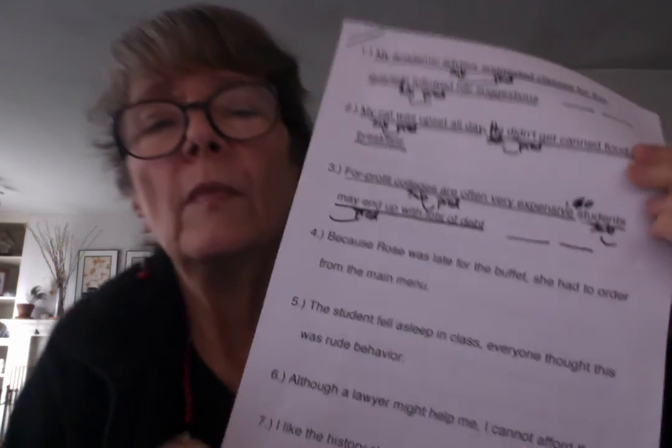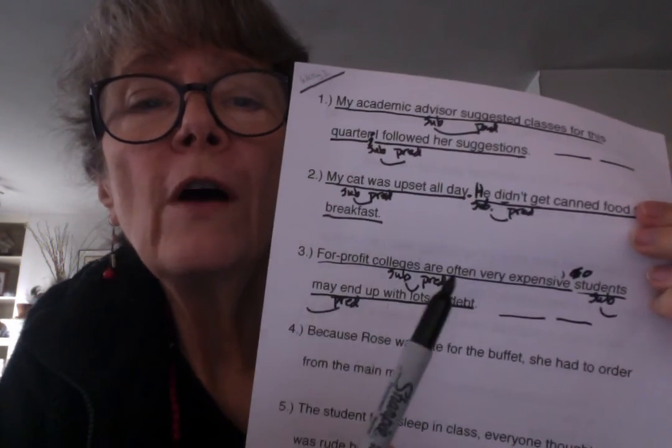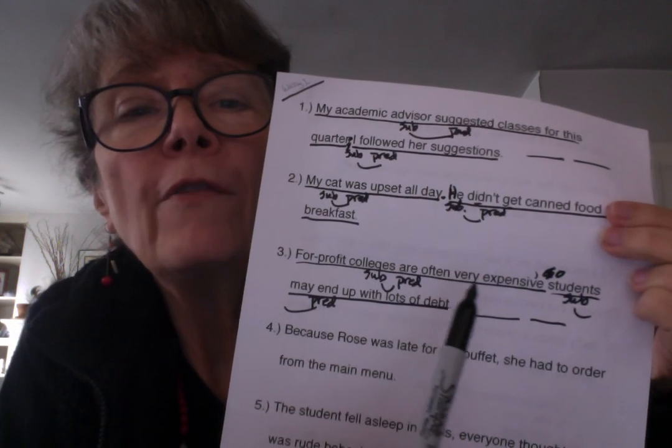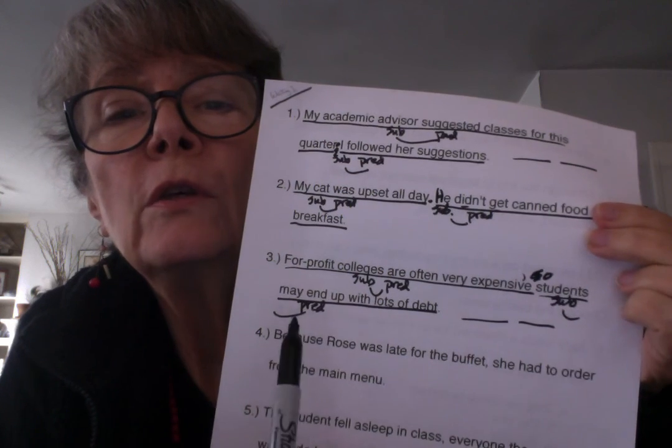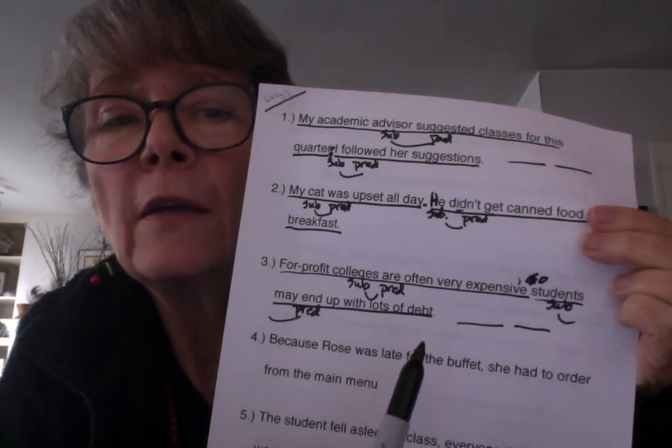So we say, for-profit colleges are often very expensive. What fanboy would go there? Something like, so. For-profit colleges are often very expensive, so students may end up with a lot of debt. So we can put a comma and so, right? For-profit colleges are often very expensive, comma, so students may end up with lots of debt.